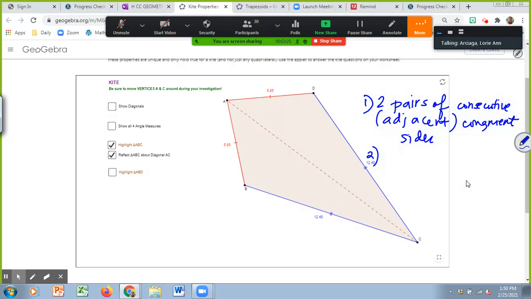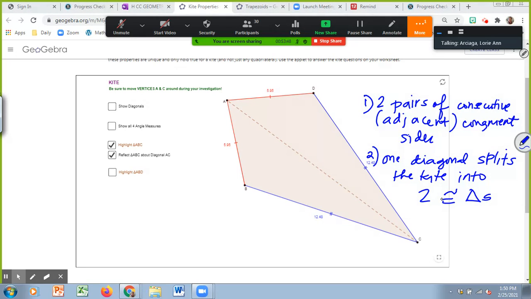So this is the only special thing about the diagonal. One diagonal splits or bisects the kite into two congruent triangles.